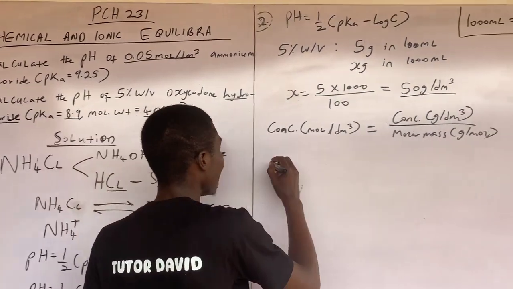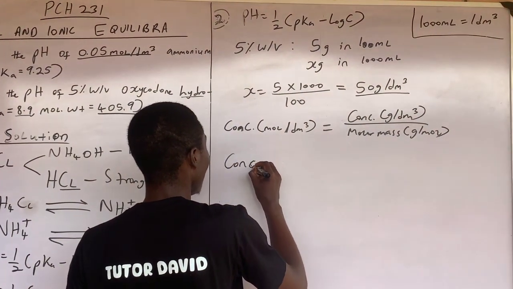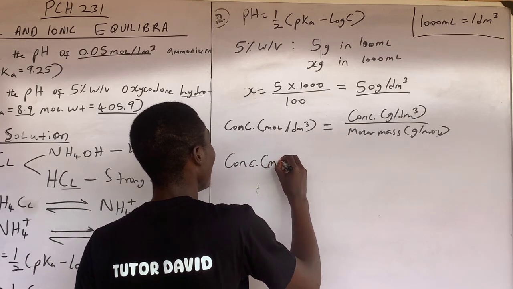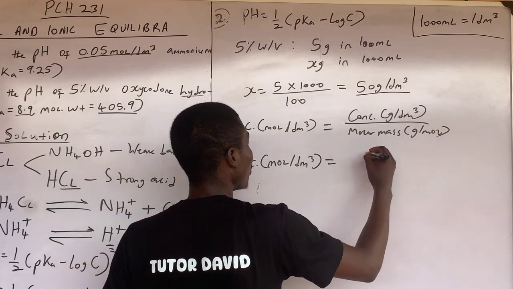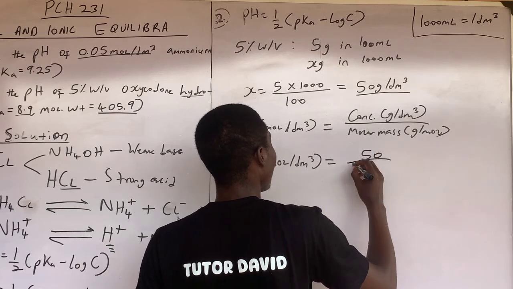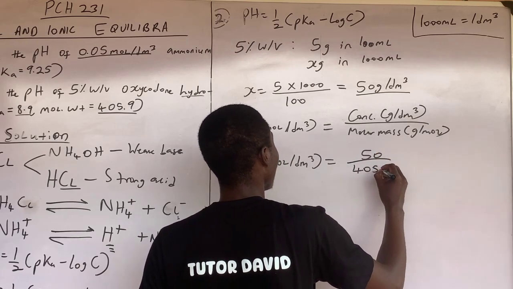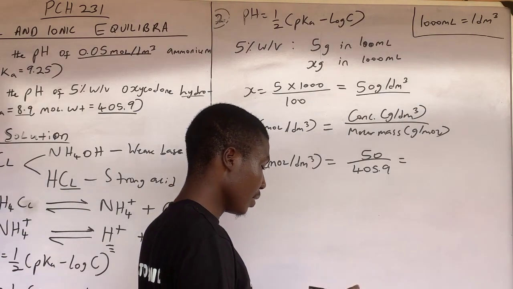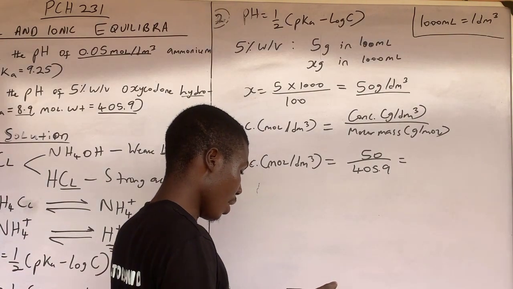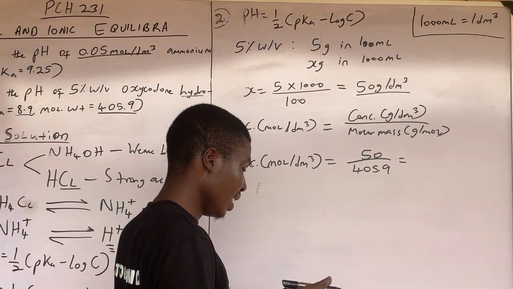So the concentration in mole per dm cube is equal to 50 divided by 405.9.